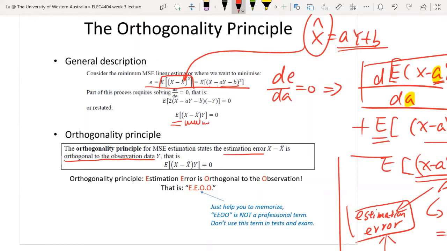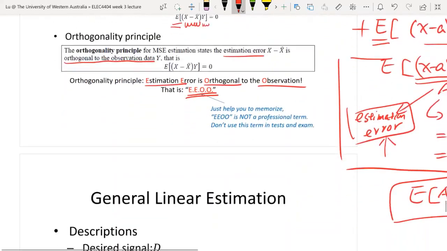And to help you memorize this relationship, I call it EEOO. So estimation error is orthogonal to the observation. EEOO, very easy to memorize. So this is the most important rule of the orthogonality principle. Very simple thing, right?